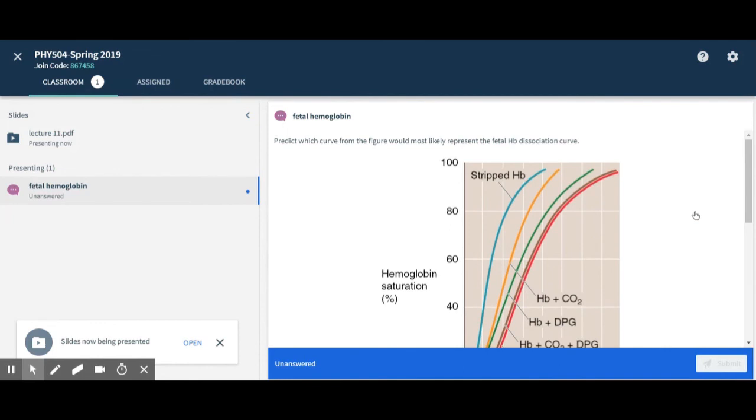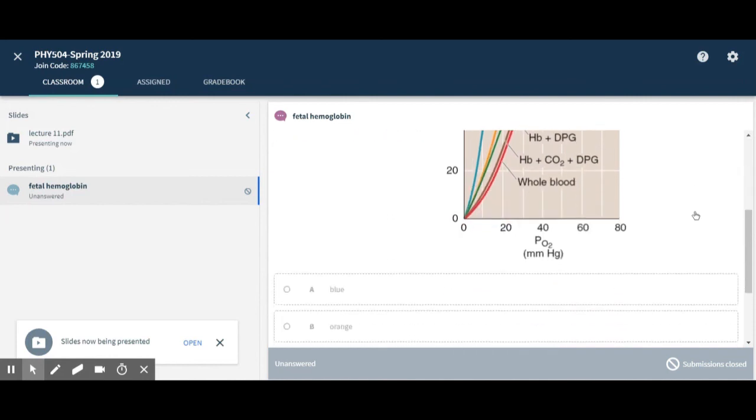The correct answer is actually the orange one. The reason it wouldn't be the blue is because that's showing that complete state where you don't have anything bound.